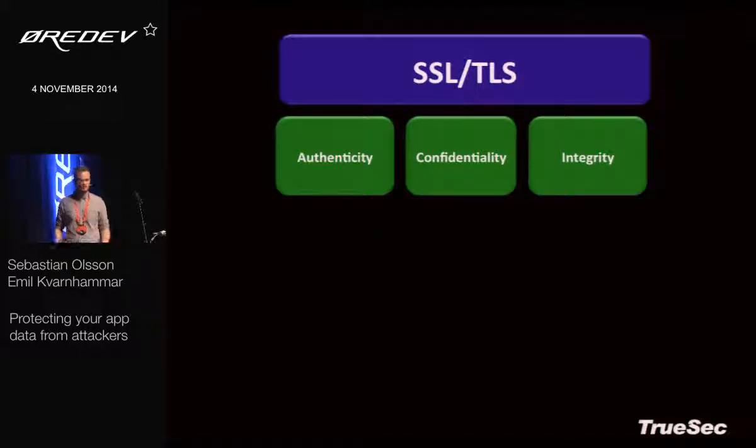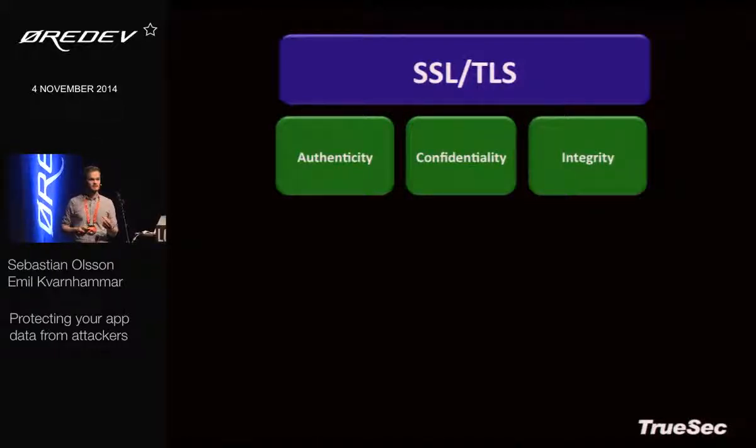Otherwise, the encryption is worthless. What does it matter if I encrypt something to an attacker? That doesn't matter at all. It will add some sort of extra points, of course, for reading previously sent data or something like this, but you need to keep in mind that all of these three parts of the protocol need to be in place. Otherwise, it's pretty much worthless.